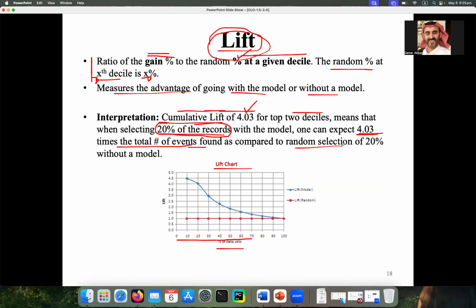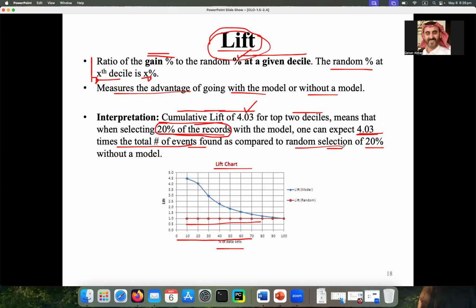Random selection means manual. If you have seen your data set 20% manually, which is this line, each time it has the same value. For 10%, the lift is 1. For 20, the lift will remain the same for the random.